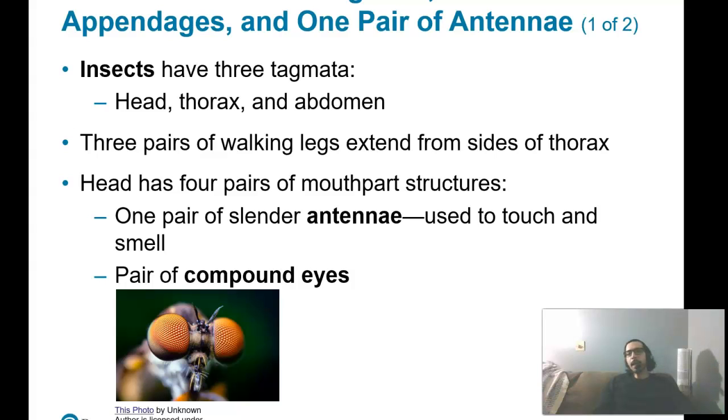The head also has four pairs of mouthpart structures and one pair of slender antennae. And they also have a pair of compound eyes, so they have multiple lenses that they use to detect light.